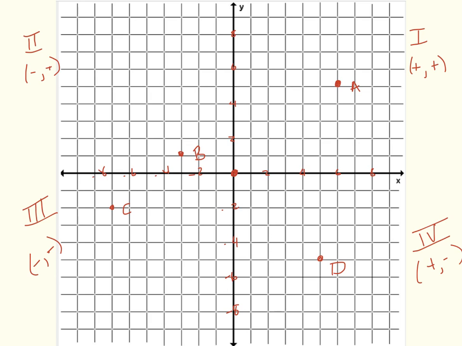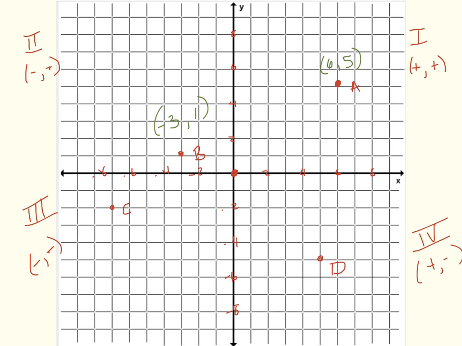All right, so here's a coordinate pair for A. So we're going to count over on the X. X is always first because it comes first in the alphabet. And then go up the Y. So it's over 6 and up 5. So this would be 6, 5. Both positive. Now we'll find B. The X is first, so we go back 3. So it's -3 and up 1, so -3, 1.